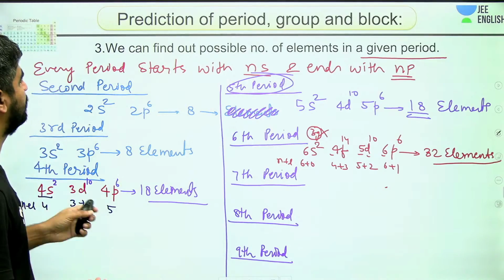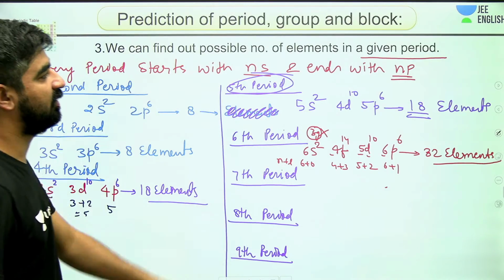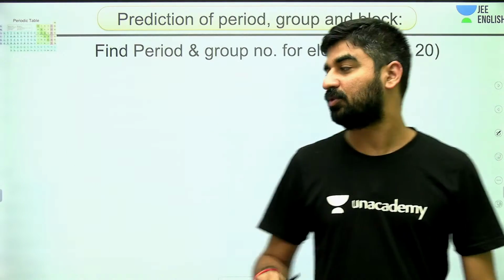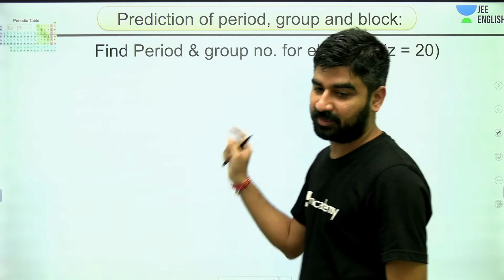Okay guys, so now let's move. We can find out the possible number of elements in a period. Now you know how to find that out. So just do it guys.